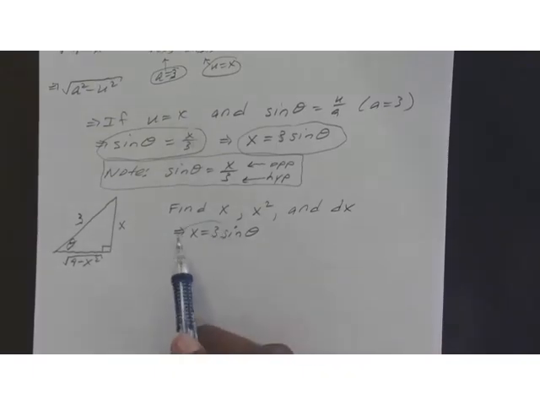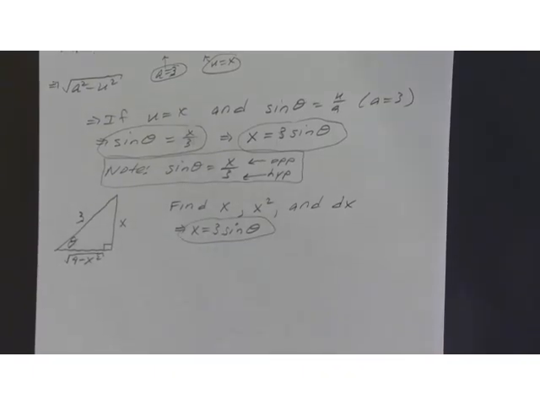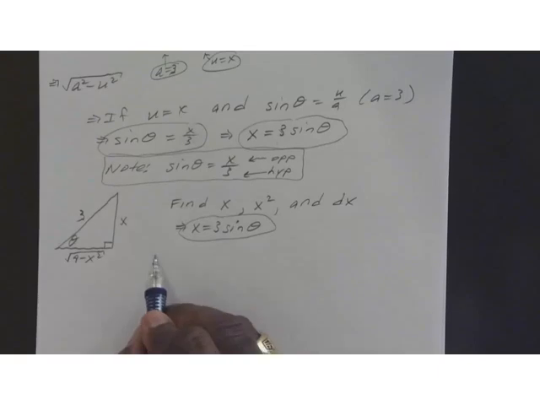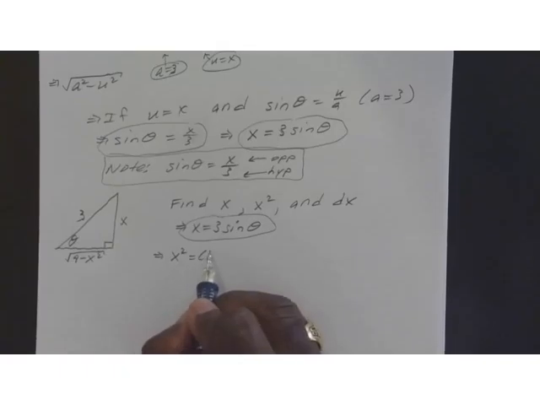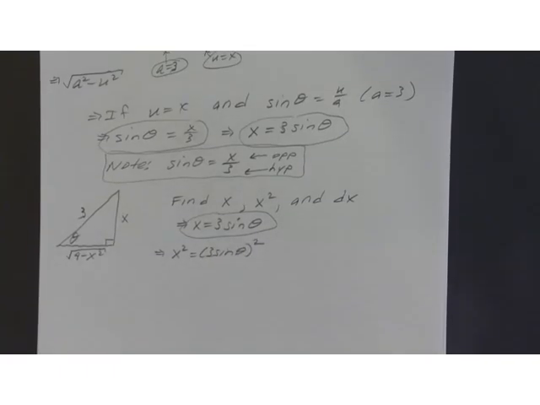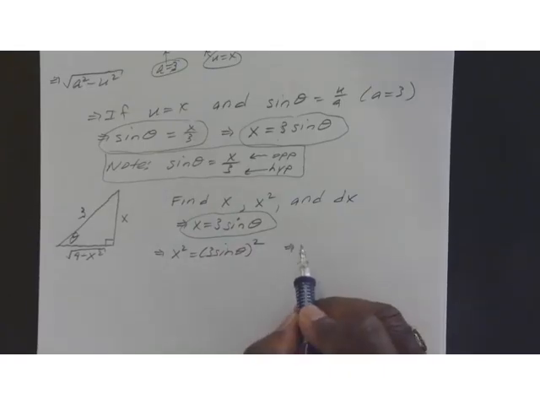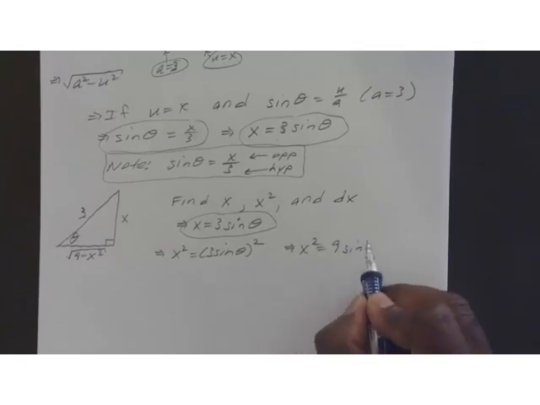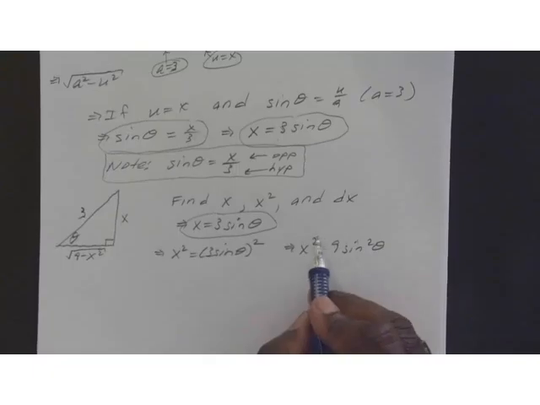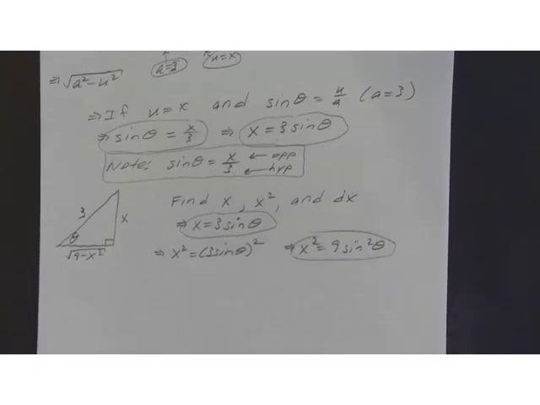Okay, so we have that. Now x squared is just 3 times sine of theta squared. So that means x squared is equal to 9 times sine squared of theta. So we found that one.